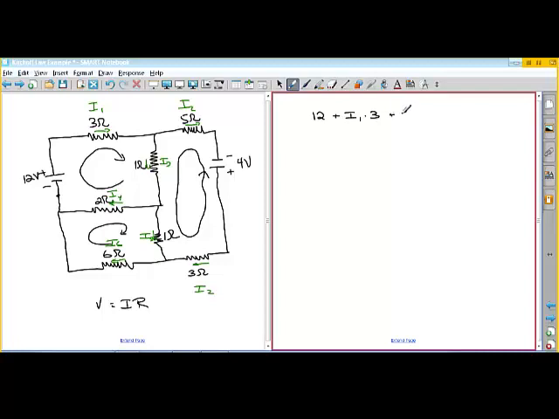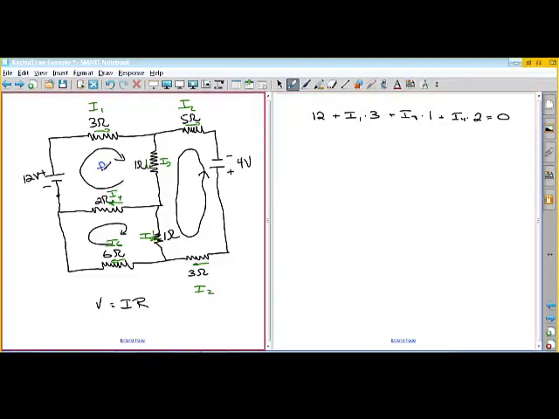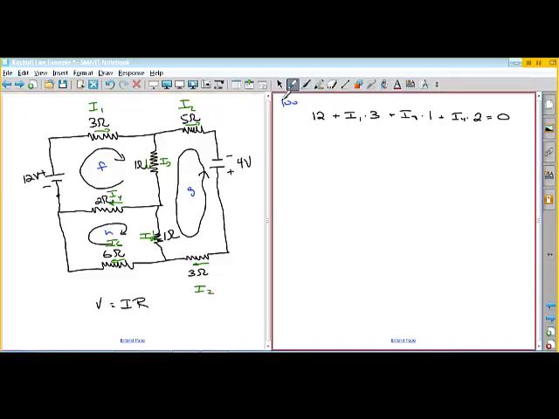Then we have plus I3 times 1 ohm, going in the same direction as my assumed current, plus actually I4 times 2 equals 0. So that is this loop. Let's give them some names. We'll call this loop F, G, and H. So this is for loop F.